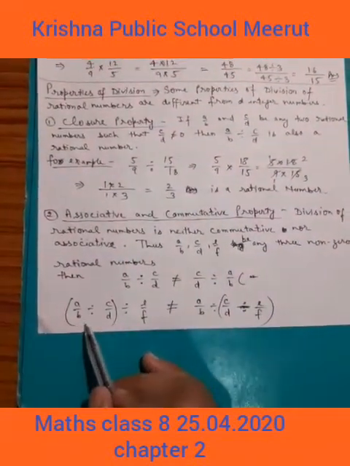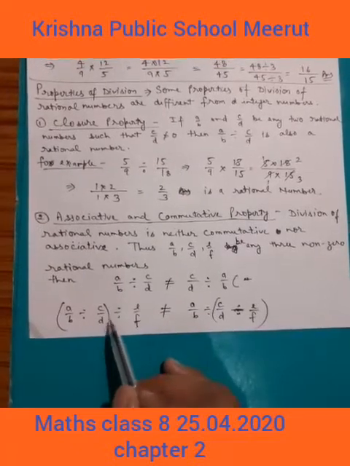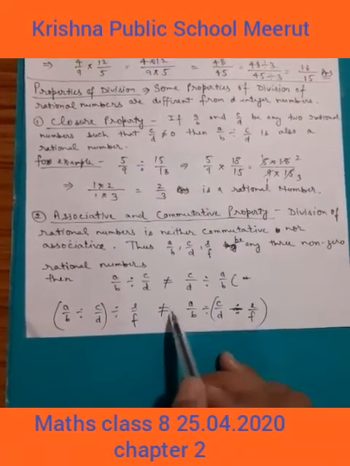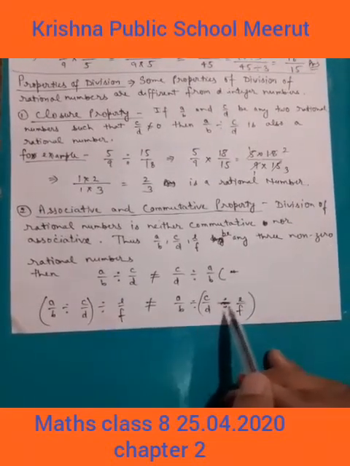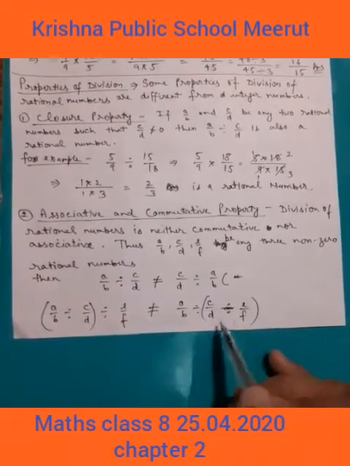Now A upon B divided by C upon D, in brackets, divided by E upon F is not equal to A upon B divided by C upon D divided by E upon F, in brackets.